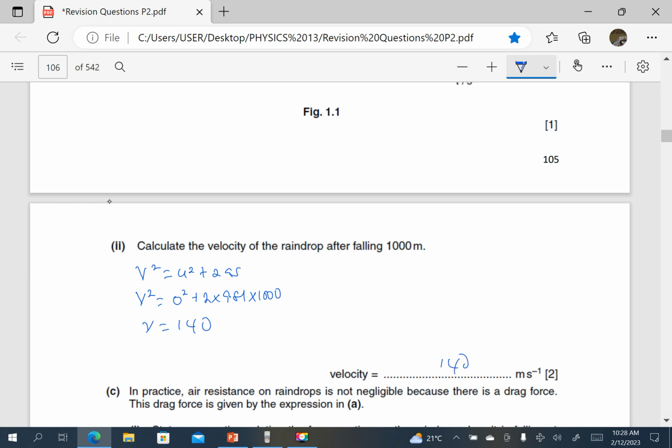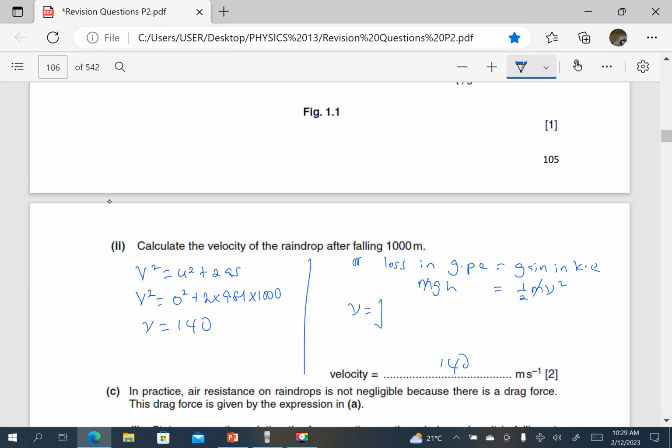We can use conservation of energy, where alternatively we can say the loss in gravitational potential energy is equal to the gain in kinetic energy. So the loss in gravitational potential energy is mgh. The gain in kinetic energy is a half mv squared. So m has cancelled. We want v.